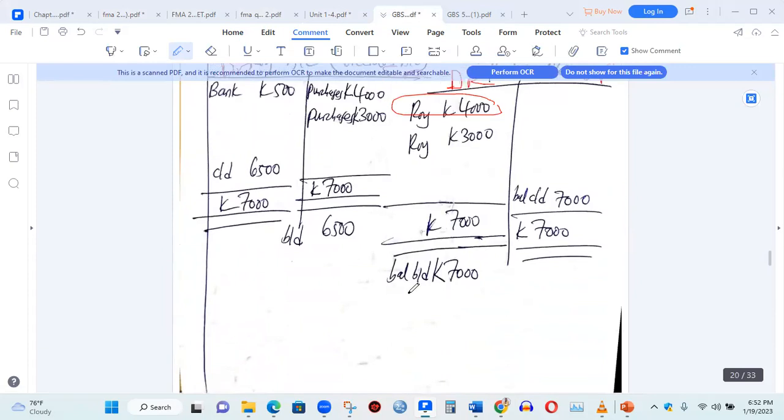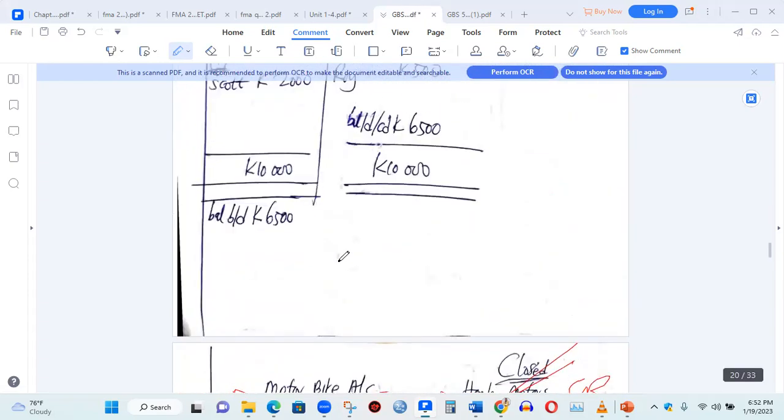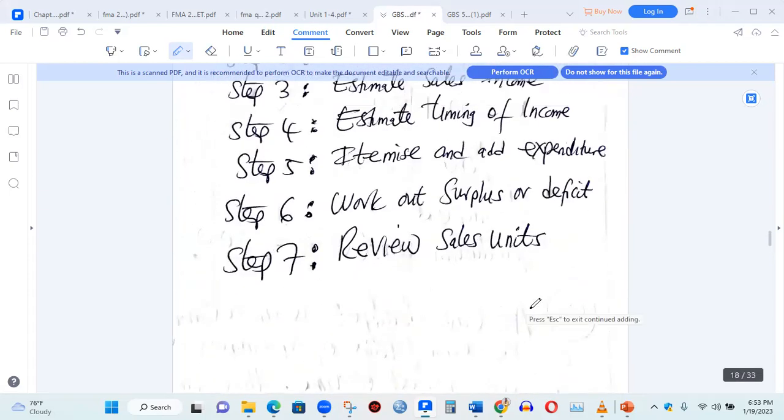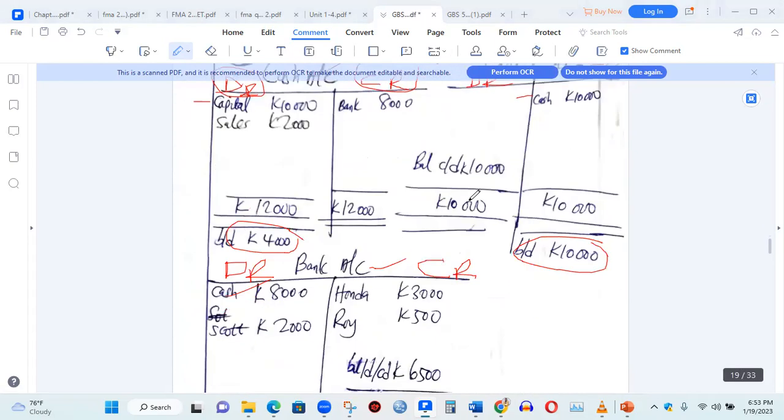The closing figures, these are the ones we get in the trial balance. We get a closing figure for each of them, as we get down to the business concerning the balancing off.